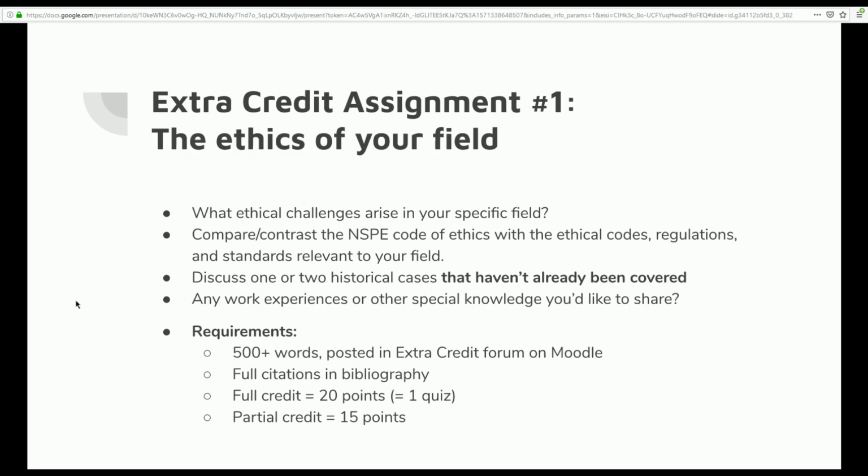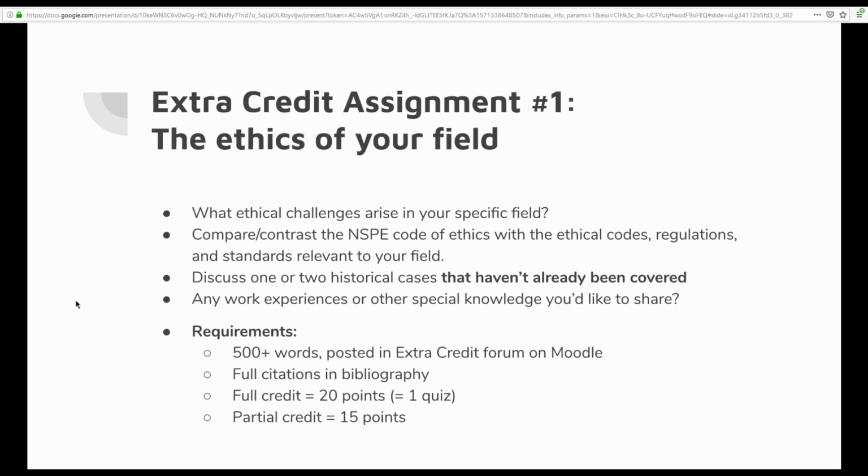Your assignment for this first extra credit essay is, the title is The Ethics of Your Field. We've been talking about the NSPE and engineering ethics in general, sort of the most general kind of engineering. I know not every student in class is going to be a general purpose engineer. Some of you are, there's a lot of mechanical engineers in class, a lot of chemical engineers, some civil engineers, and I know there's a lot of students who take this class who aren't engineers at all.